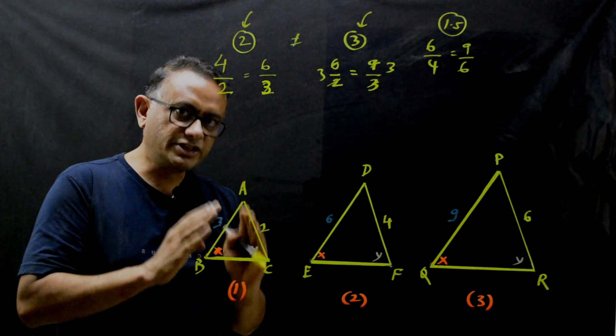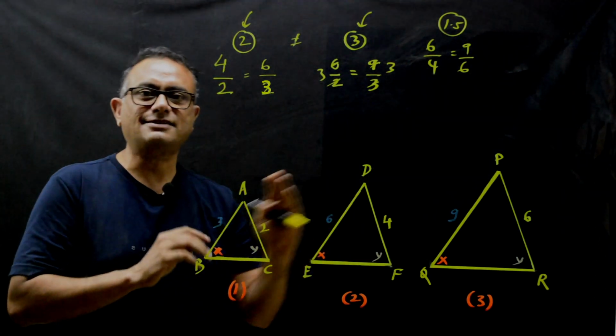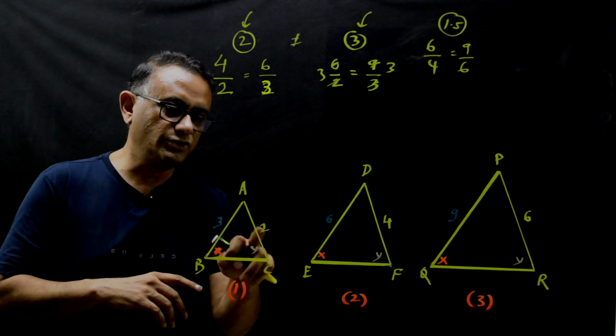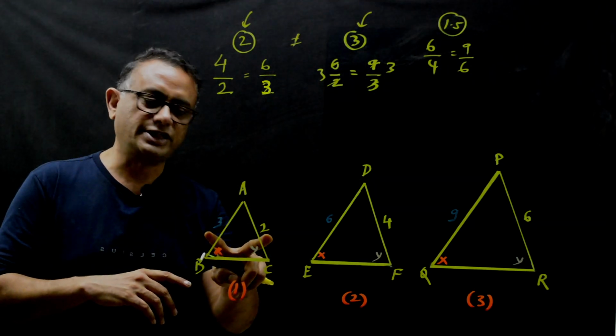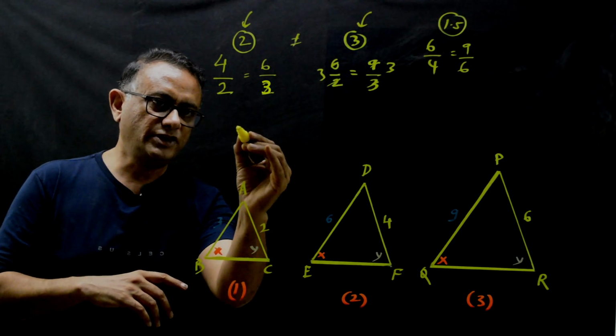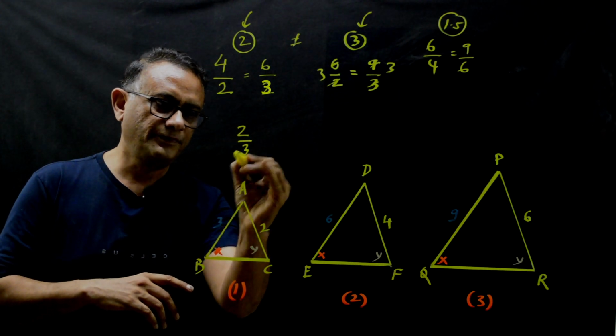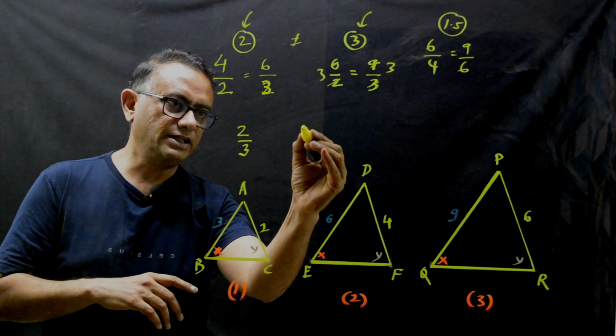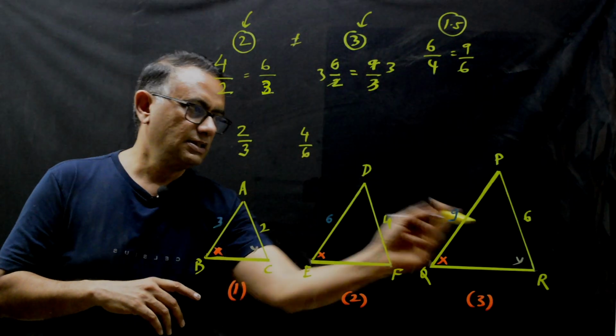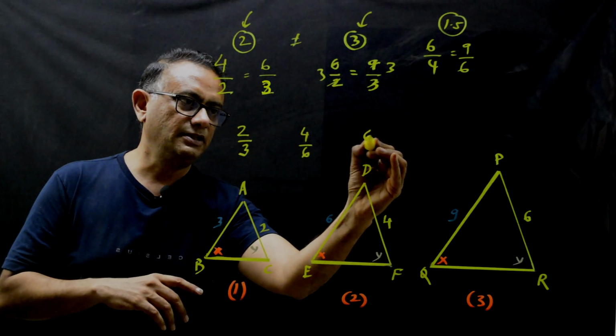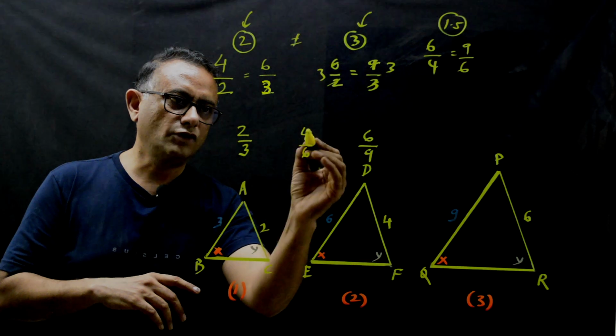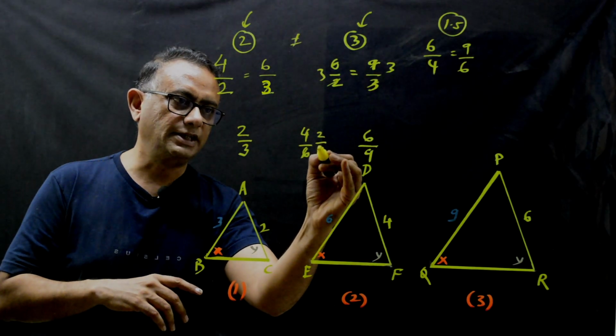So instead, if you want to compare all three triangles, what we should be doing is we should take the ratio of these two sides. For example, this will be 2 divided by 3, this will be 4 divided by 6, this will be 6 divided by 9, and if you look at it, all of them happen to be 2 by 3.